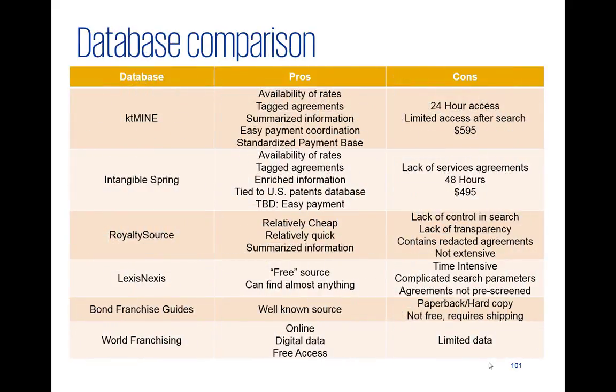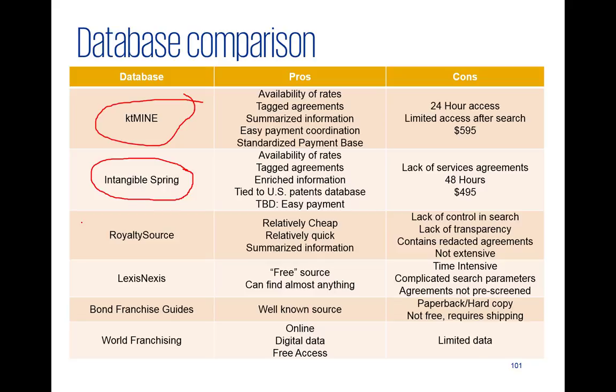So that said, here is an overview of the sources, the databases that have summarized the agreements in a way that you might go about searching for them. And you might notice that we put the first two at the top, KT Mine and Intangible Spring. These are probably the two sources you're going to turn to most often. The negative is they cost us some money, but the positive is that they have a great deal of available information and that they've been designed to be searched effectively and easily.